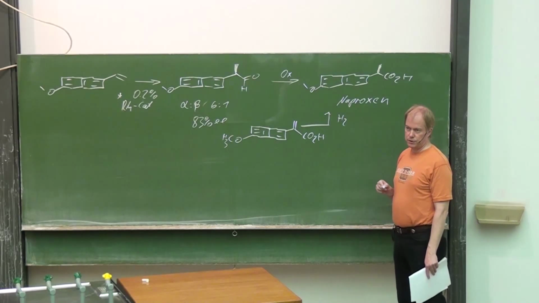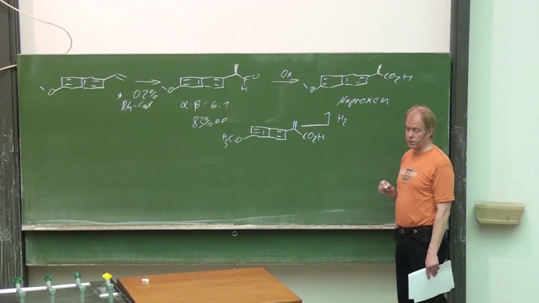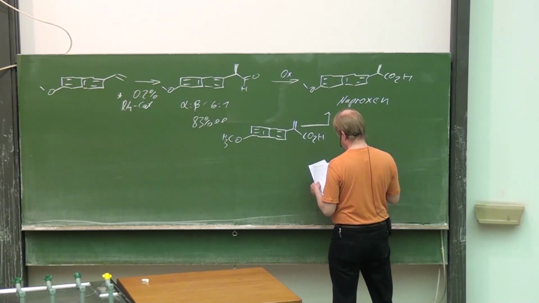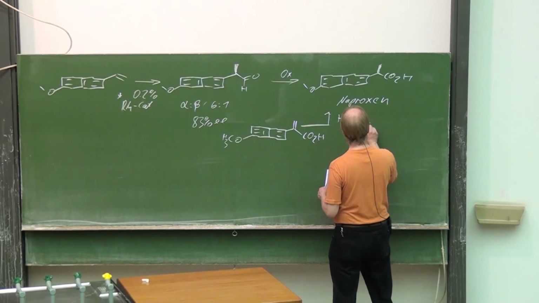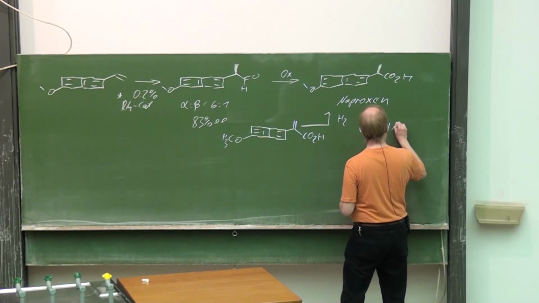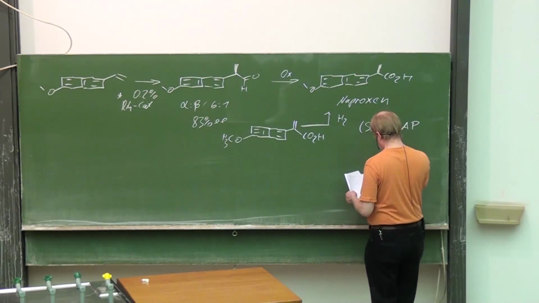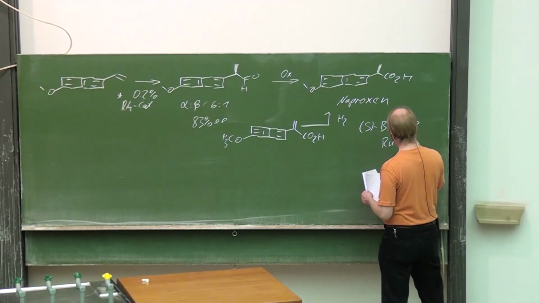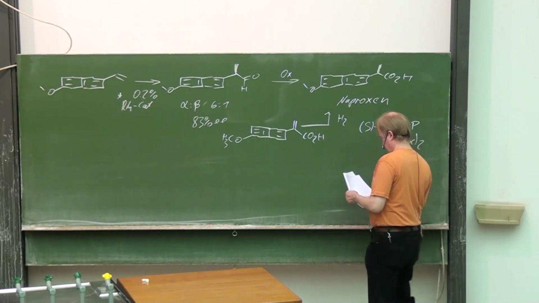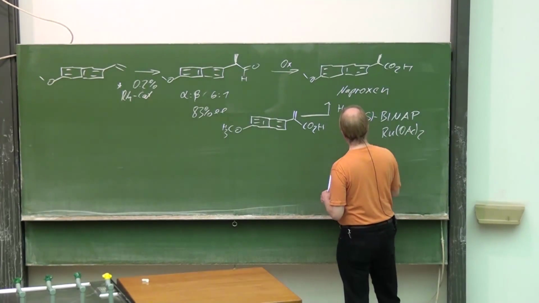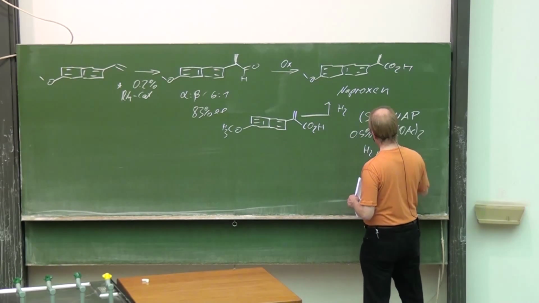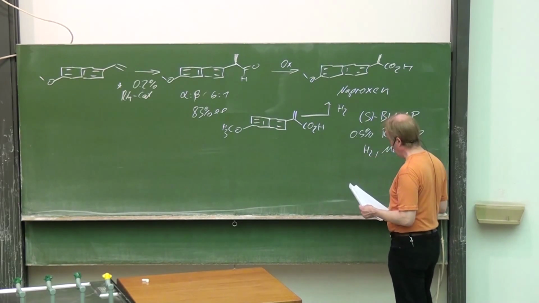We will discuss, presumably tomorrow, an enantioselective hydrogenation reaction of olefins in more detail, but in this case, just to complete this scheme, with S-BINAP as ligand at ruthenium acetate, and you need 0.5%, then hydrogen in methanol.